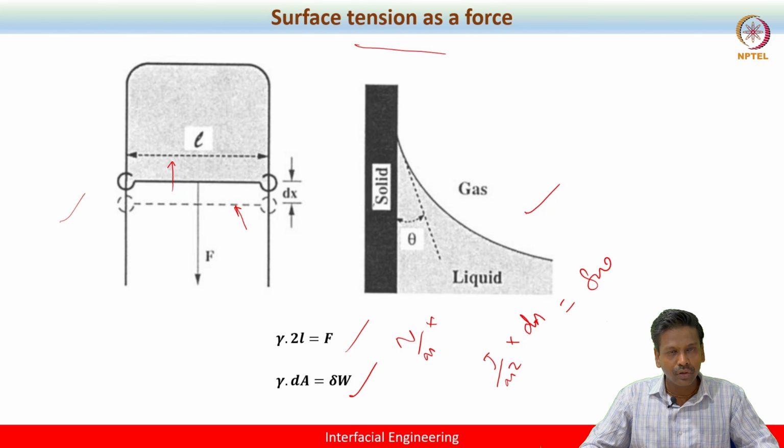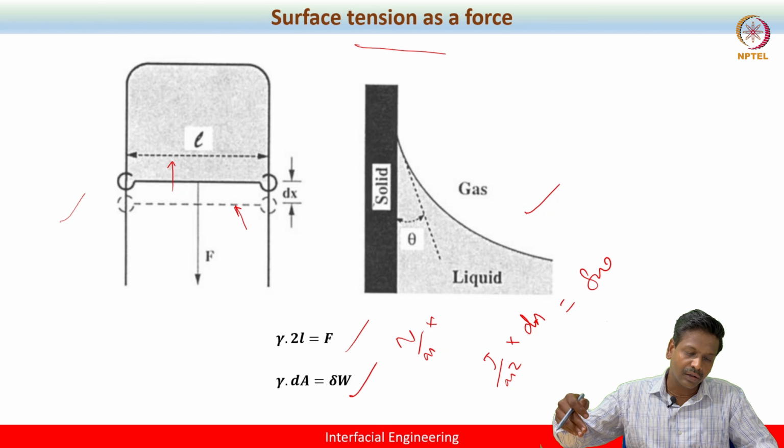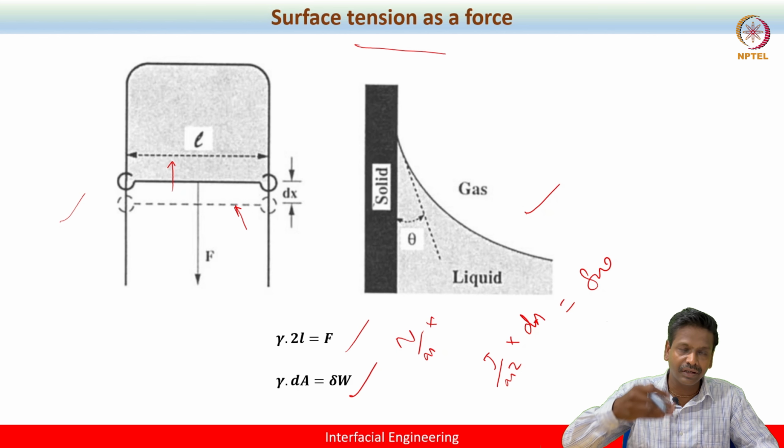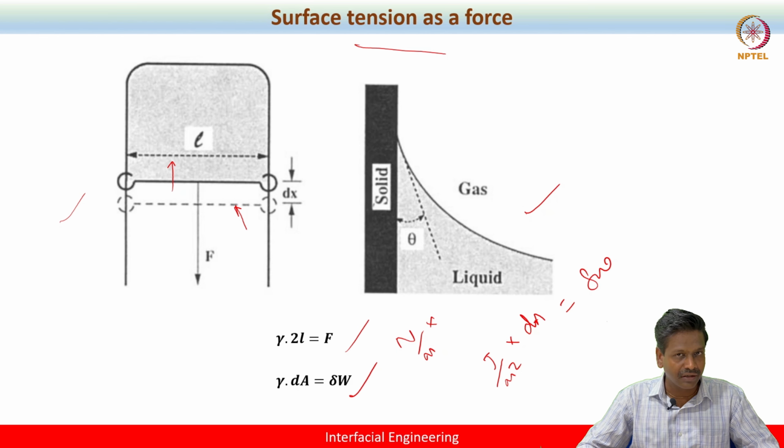So at some point of time, there will be a balance between the two, okay? Surface tension causes the rise in liquid, while the mass of the liquid puts the speed breaker on the liquid column that is rising up, right?